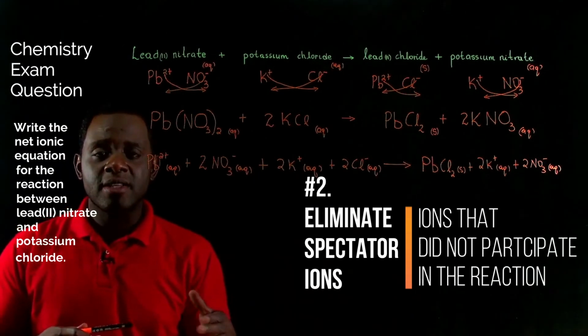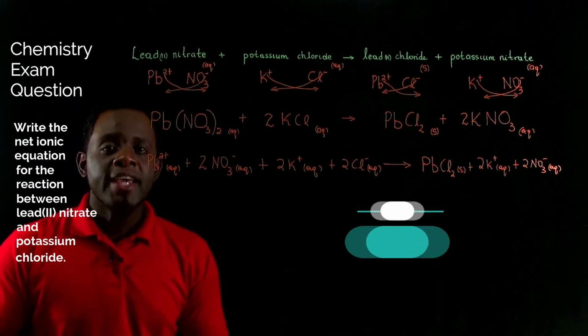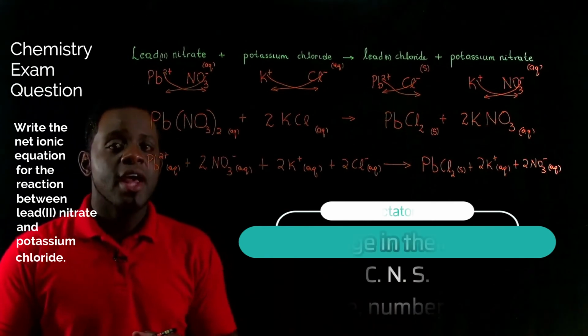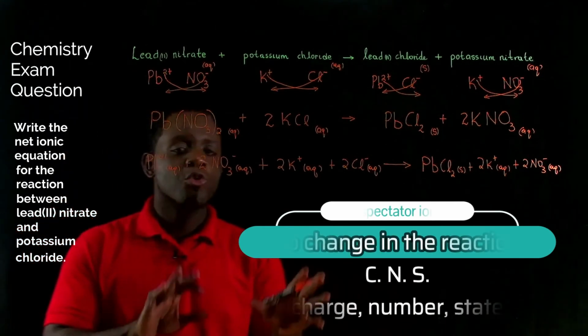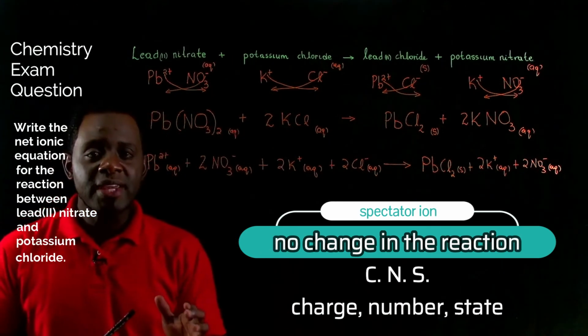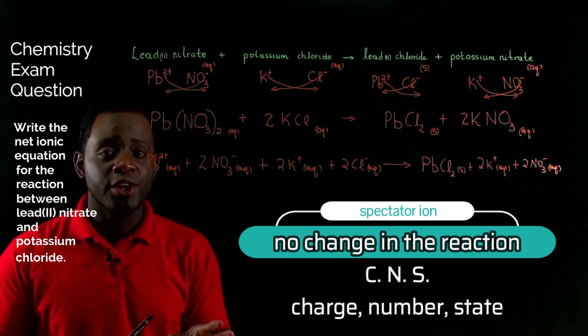It's time for our second step, and that is to eliminate spectator ions, ions that did not take part in the chemical reaction. A spectator ion is an ion that did not change as it moved from reactant to product. So we look for three things when we are deciding if a change occurred.